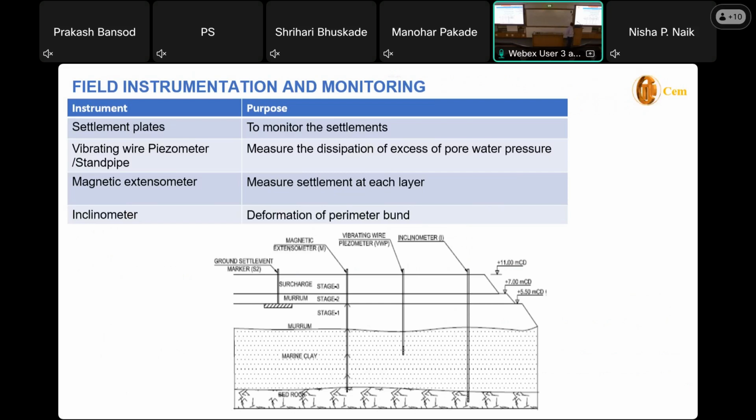And the inclinometer is only installed at the edges, which is more important for seeing the deformation, how it is happening during construction. The bottom of the inclinometer is anchored in the rock, and then it shows the lateral deformation.